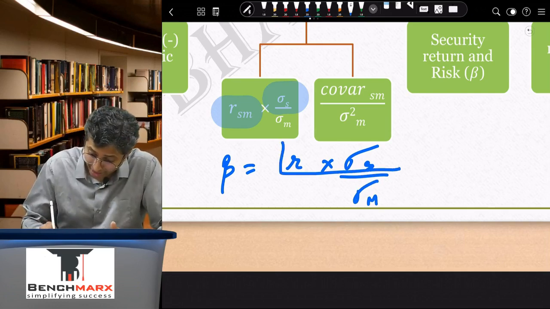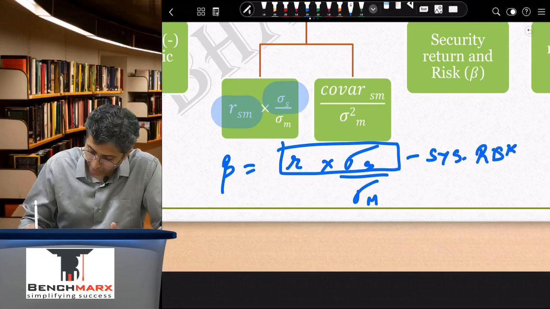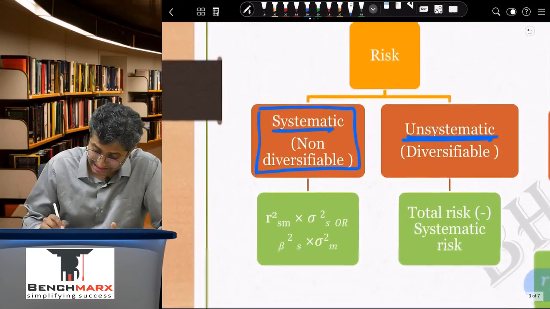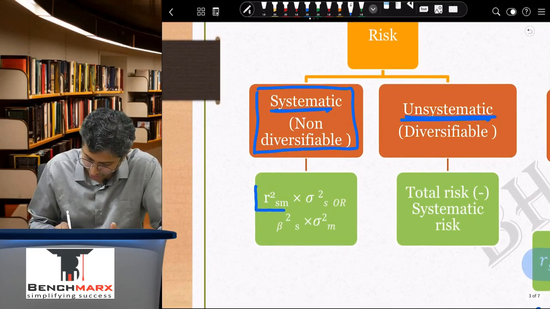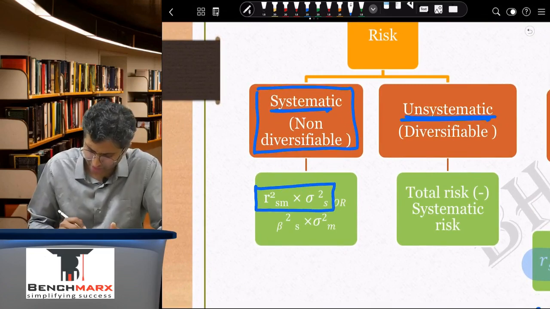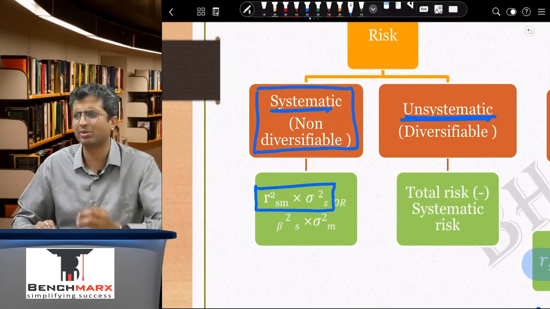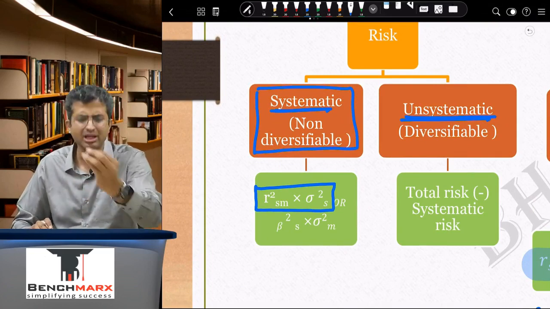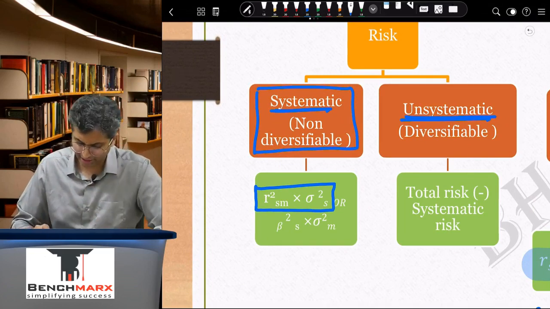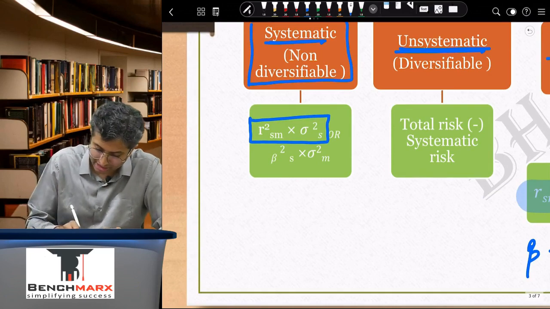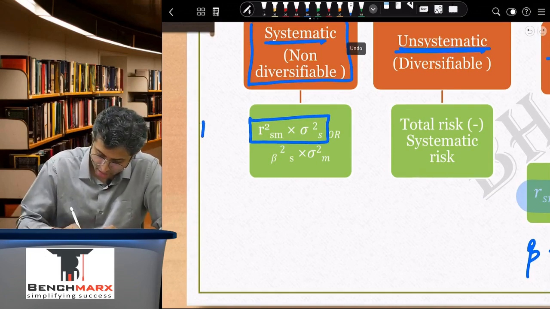In the numerator, you have the systematic risk of the security. So one of the ways in which you can calculate the systematic risk is the correlation of the security into the standard deviation of the security. You will see over here that we have done it in square terms. As a reason for that, very mathematical, but nevertheless we'll just kind of touch upon that. So this is the numerator of beta.